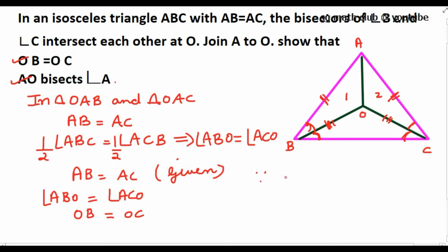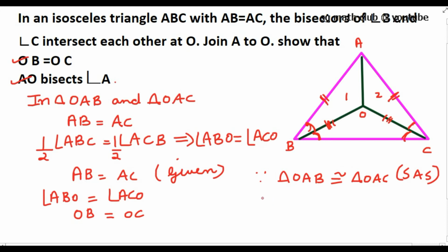So I can say that triangle OAB is congruent to triangle OAC by the SAS congruence rule, the side, angle, side congruence rule.